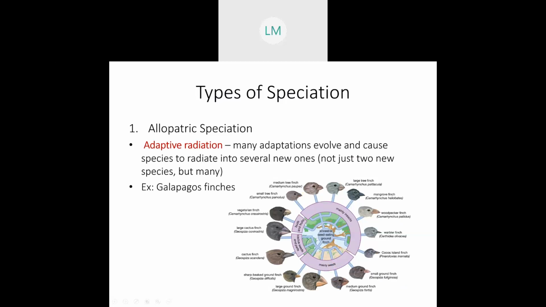We start with an ancestral ground-eating finch, a bird that ate seeds, and then adaptive radiation happened, and now we have all of these types of finches with variations in their beak shapes that allow them to eat different things. Some eat mainly insects, some eat mainly seeds, some eat buds and fruits, some eat cactus seeds and cactus parts, right? So we've got this adaptive radiation that happens there.